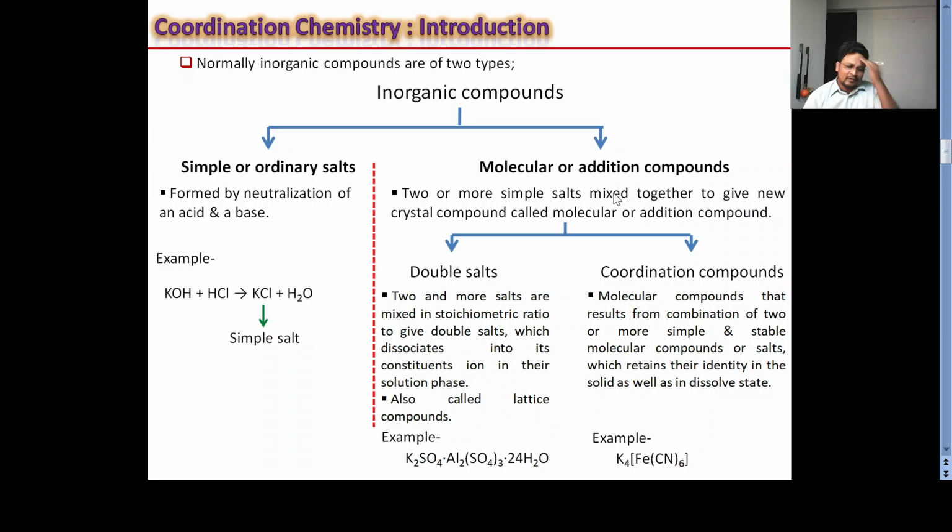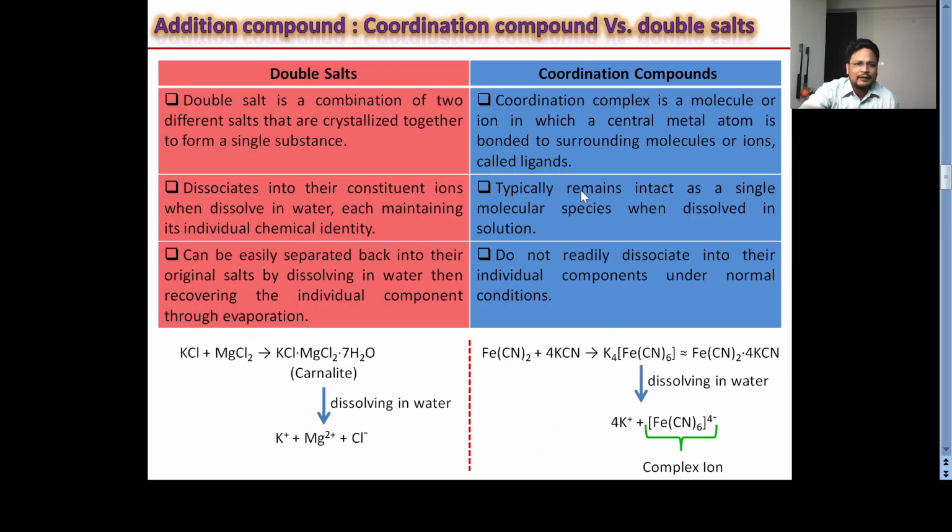So when two or more simple salts mixed together to form a single substance, this is called double salt. But basically there is a difference when we call it double salt or coordination compound.